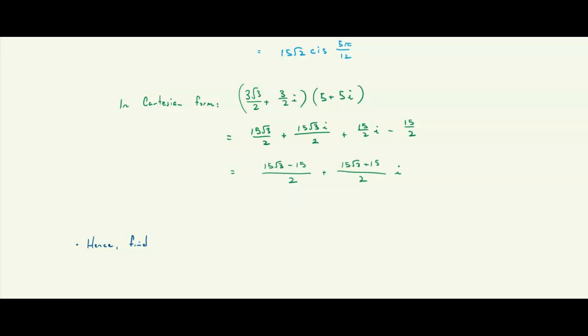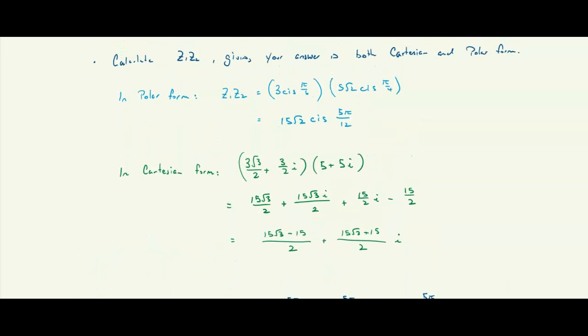We can't just charge off in a different direction. Hence, find the exact values of sine 5 pi on 12, cos 5 pi on 12, and tan 5 pi on 12.